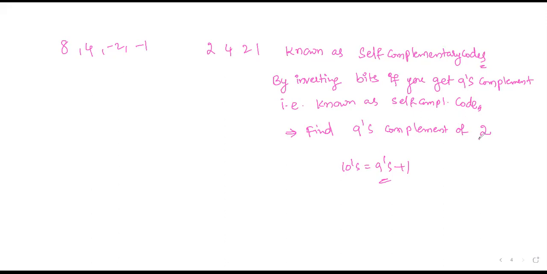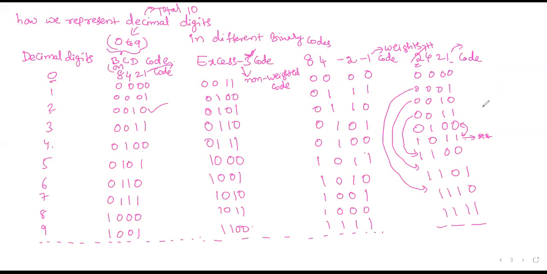9's complement is nothing but subtracting the given number from 9. The given number is 2; subtract it from 9, you will get 7. So the 9's complement of 2 is 7. So by inverting the decimal digit 2, you get 7.